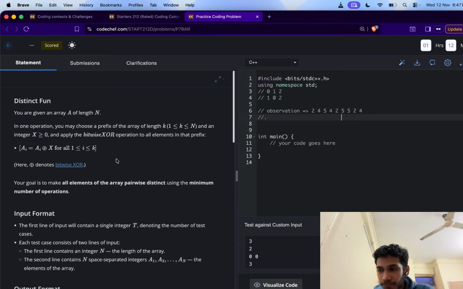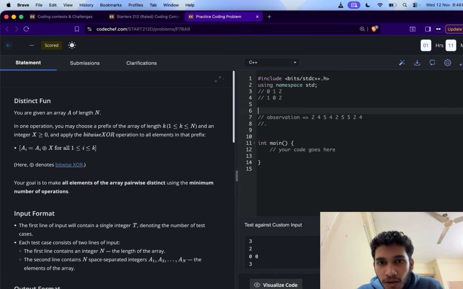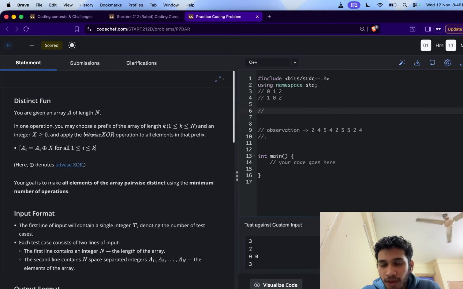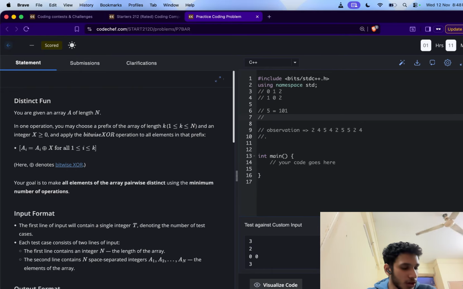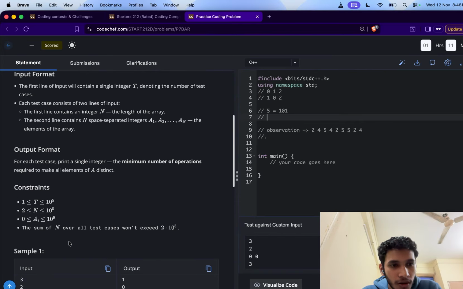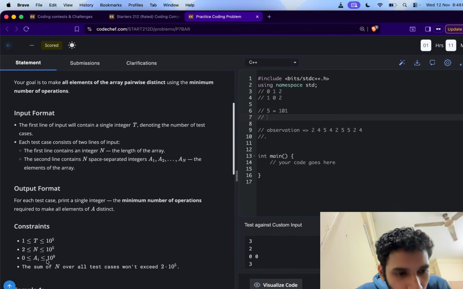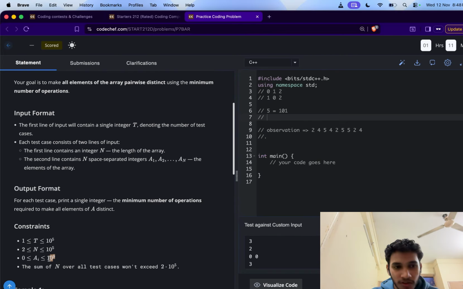Let's understand the bitwise representation of 5. Let's say this is the representation, 4 and 1, for 5. Let's say the largest number that occurs in this array has set bits up to 30, which is true because 10 to the power 9 is limited under 30.